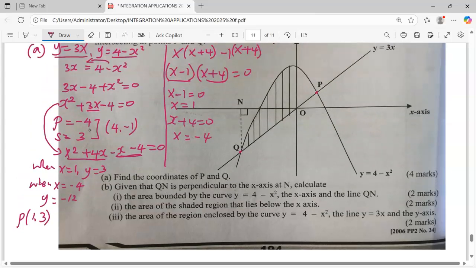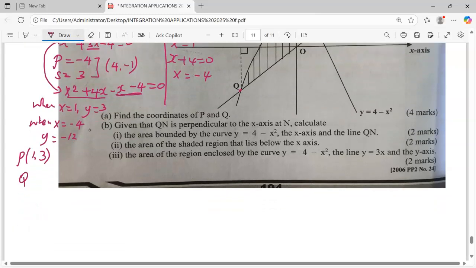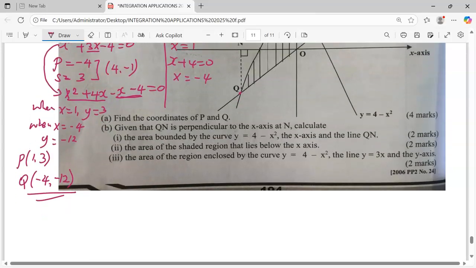It means at this point here, x is going to be 1 and the value of y is going to be 3. Then we move to the coordinates of Q. For Q, we are going to have negative 4, negative 12, and that is the answer to that particular question. So part A has already been done.